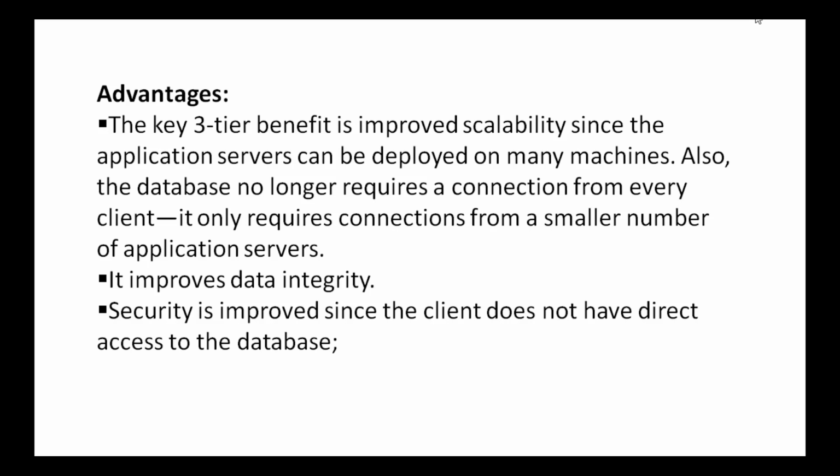It improves data integrity. Integrity means the verifiable state of data, the accuracy of data, known as data integrity. And security is also improved because of the business logic, and the client does not have direct access to the database. So the data stays secure.